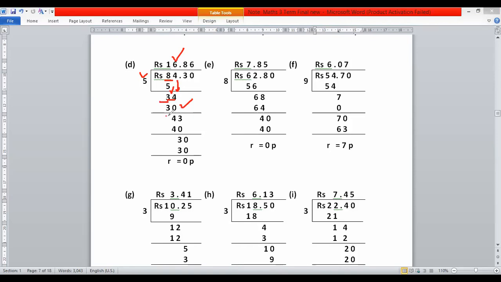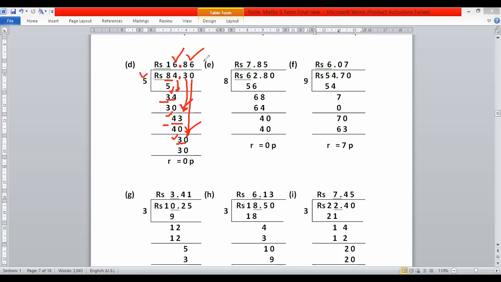So we can subtract 30 from 34. 4 minus 0, 4. And then we shift 3. Whenever we shift the number after decimal point, put here decimal point. Now we get here 43. 5 eights are 40. Now 43 minus 40, we get 3, and shift last digit 0. Here we get 30.